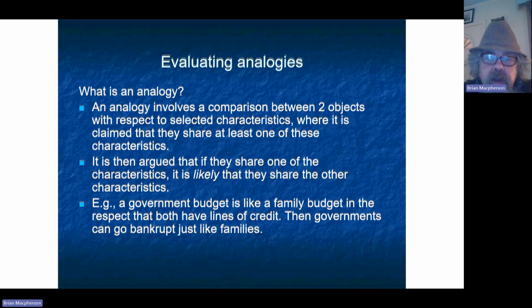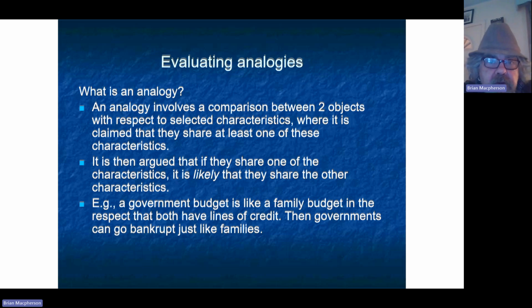Let's say I'm saying that a programmed computer can solve math problems in the same way that a human can. Then I'm likening one thing to another. That's called an analogy. It involves a comparison between two things with respect to selected traits, whatever those may be, and it's claimed that they share at least one of these traits in common.